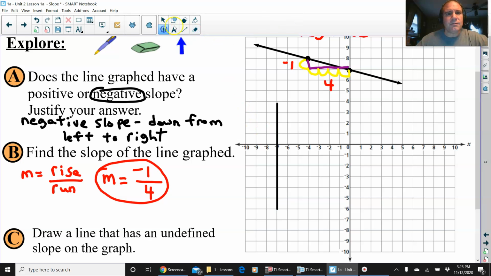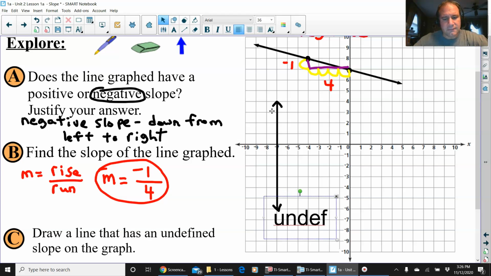So I am going to draw my line, and then remember, when you draw a line, make sure that you put your arrows on each end. This right here has an undefined slope.